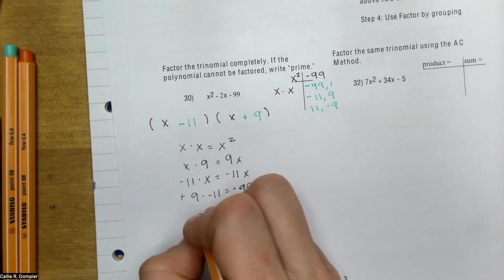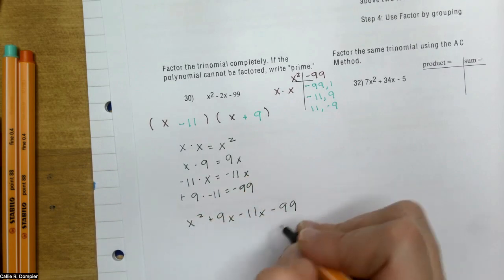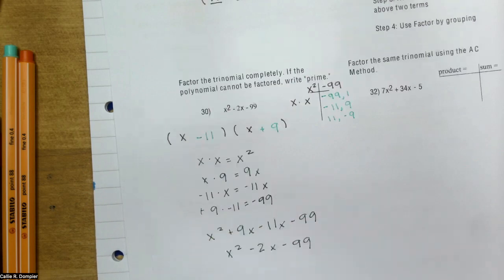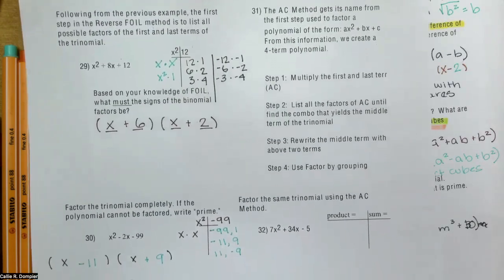We'll add those together. X squared plus 9x minus 11x minus 99 becomes x squared minus 2x minus 99. Good? All right.